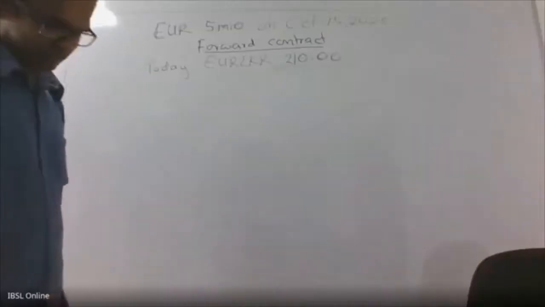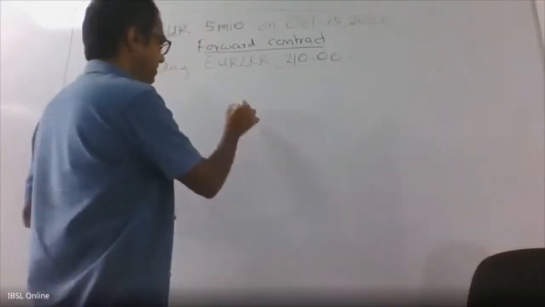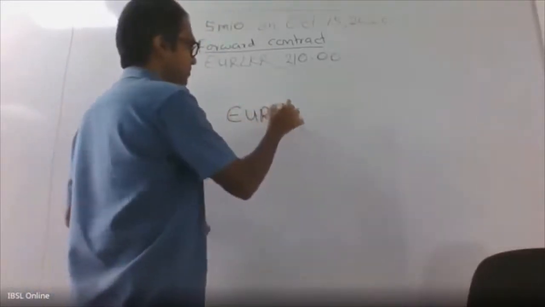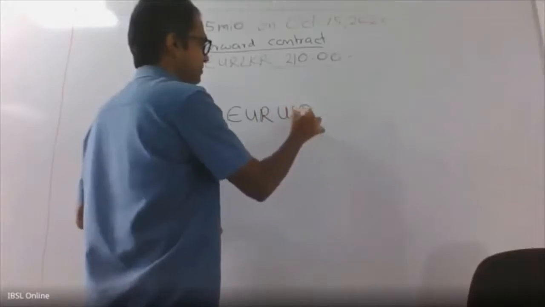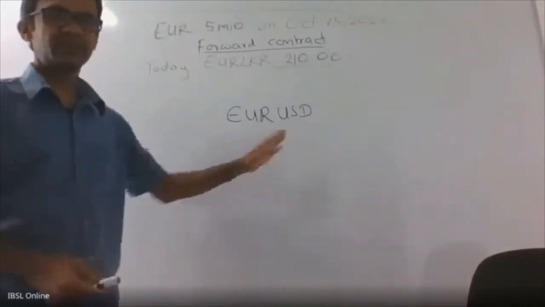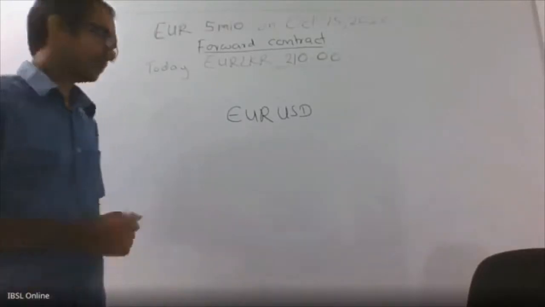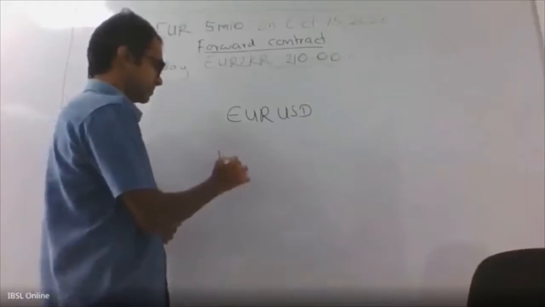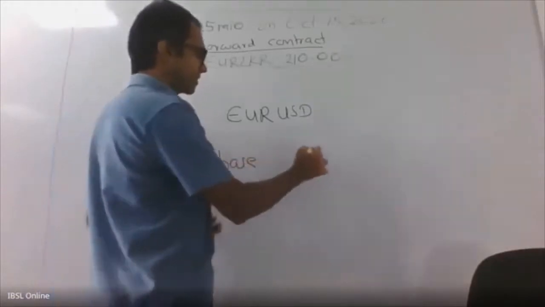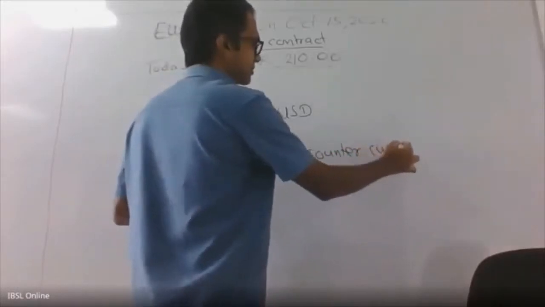So that's why, if you remember the very first day, I mentioned that if you consider, say, Euro USD, for us none of these are domestic. Then only we talk about base currency and counter currency.